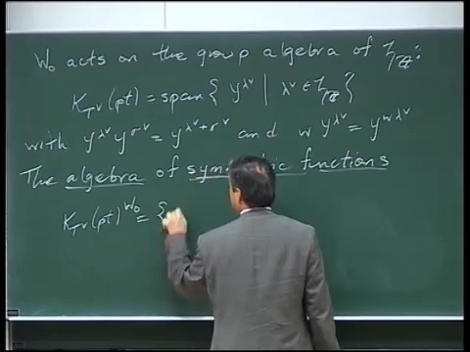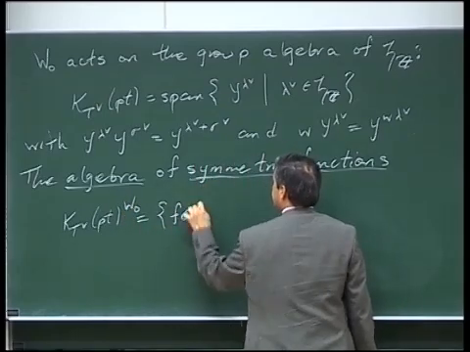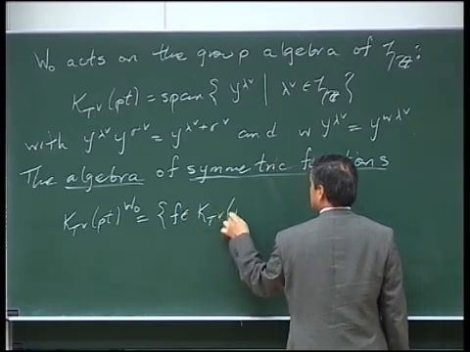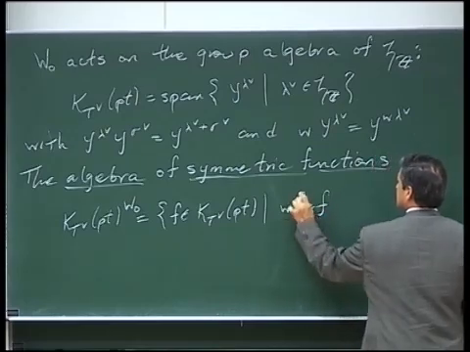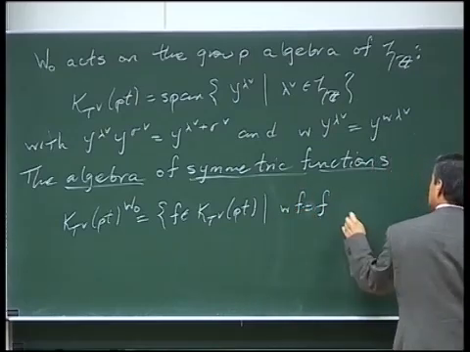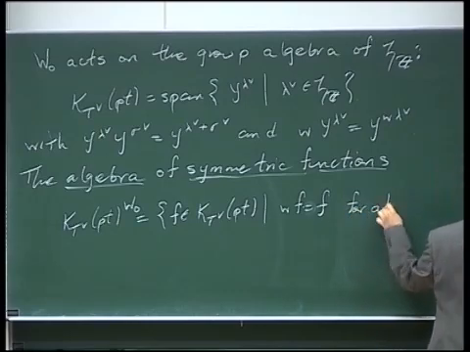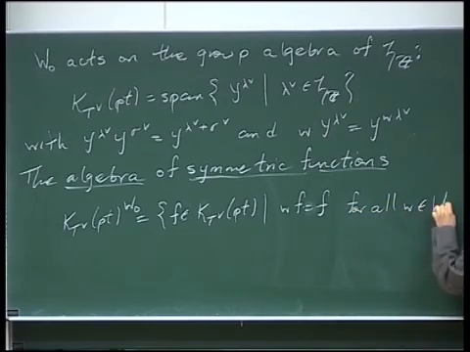So this is all of those polynomials such that w acts trivially on f for all w. So these are the W naught invariants in the polynomials. That's the algebra of symmetric functions.